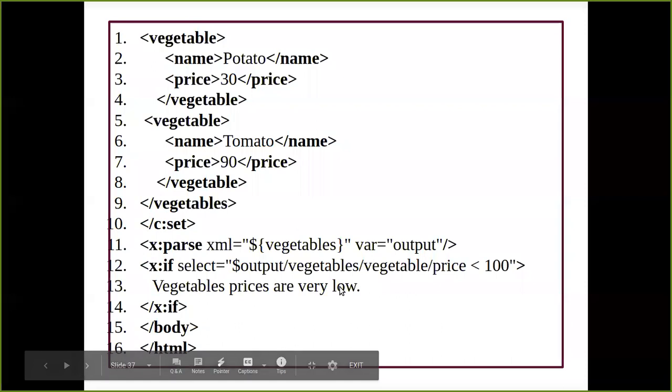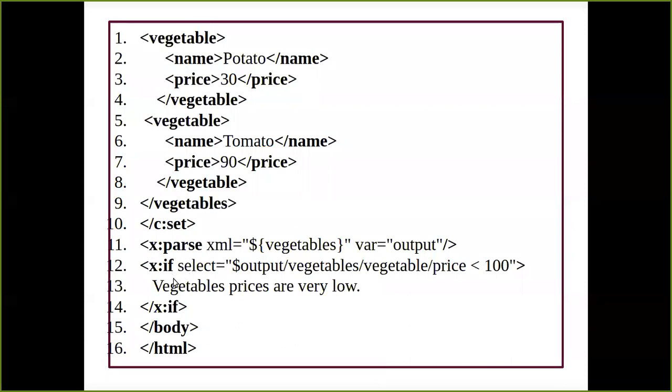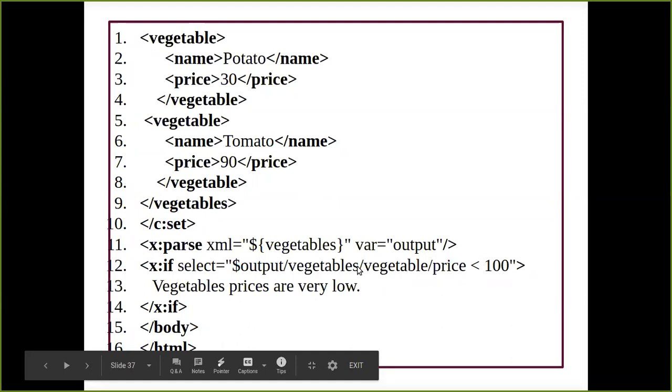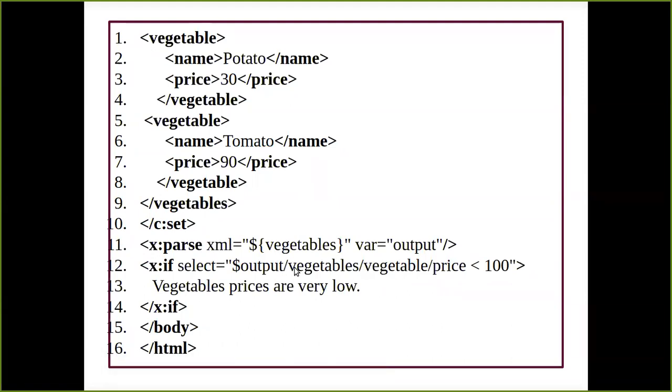I hope you have understood this. We have an if condition, which consists of one attribute, the select attribute, which is responsible for holding the condition statement we have written here. Within expression language, whatever the output variable is going to hold comes from the variable called vegetables. We start with that variable, find the vegetable tag, and from that find the prices.